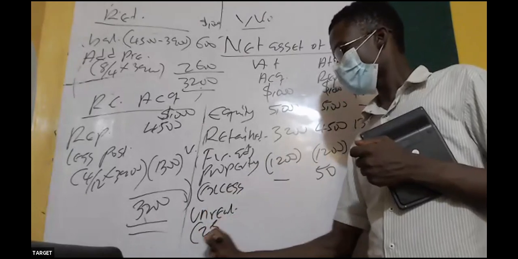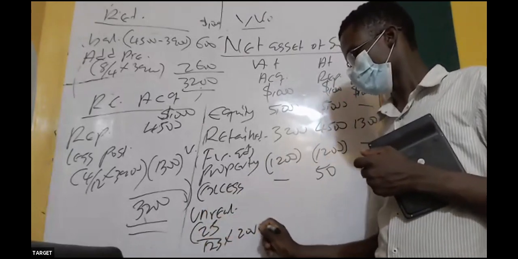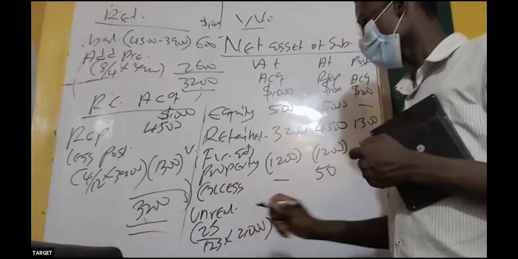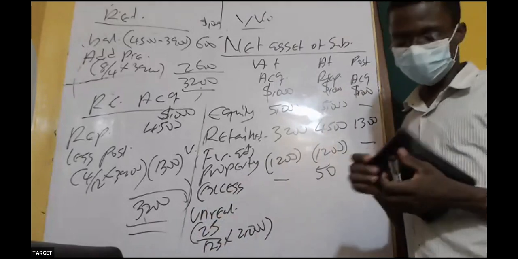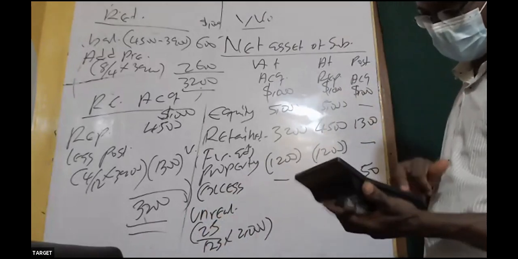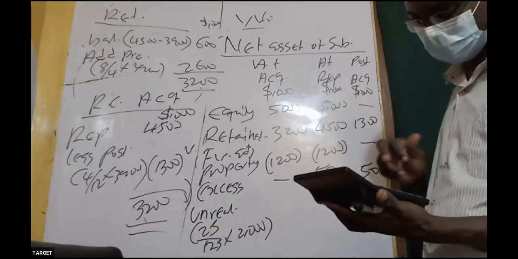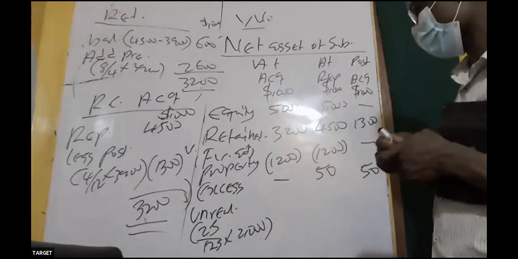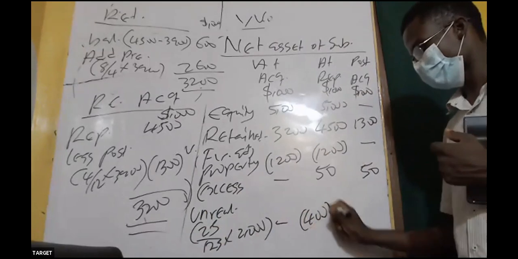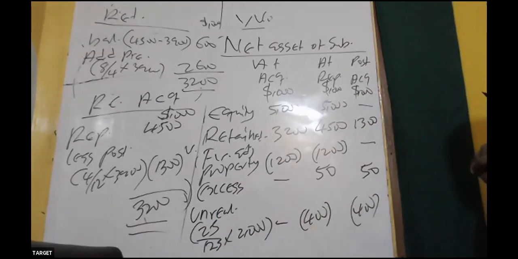It will be 25 over 125 times the 2 million, which is 2,000. So let's see. 25 divided by 125 times 2,000, which is 400. So put a dash here and put a 400 here. Kindly subtract. Put a 400 here. Kindly subtract.